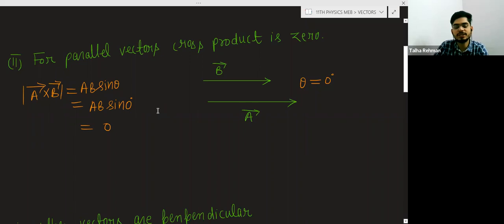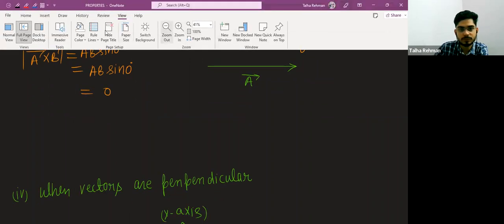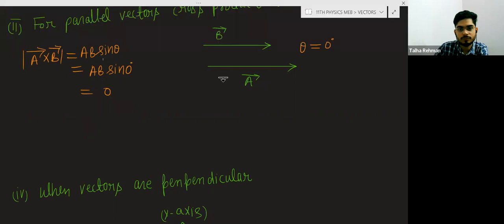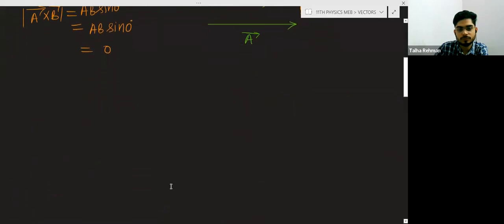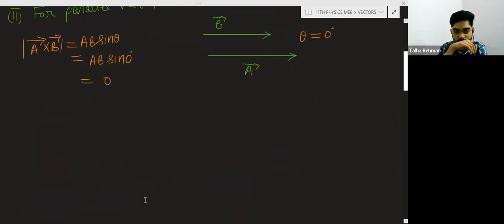For example, here is the axis. Along the x-axis is I cap, along the y-axis J cap, and along the z-axis K cap. This you should remember. Suppose I am writing I cross I. How will I write this?